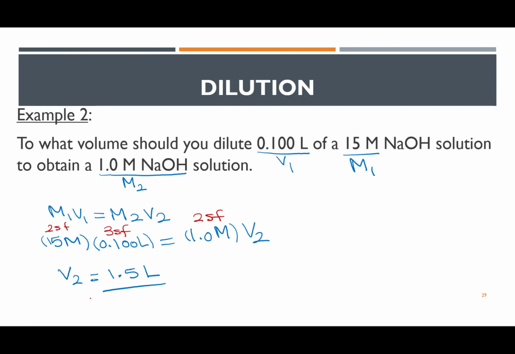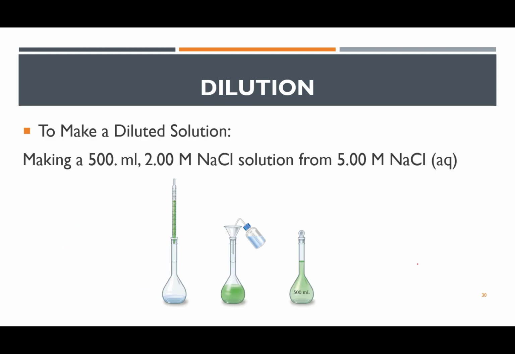Now, let's talk about how to make a diluted solution. In the previous slide, when we talked about making a standard solution, you guys learned how to make a standard solution. Now, how do we make a diluted solution? What we want to do here is make a 500 milliliter 2.00 molarity sodium chloride solution from 5 molarity sodium chloride.